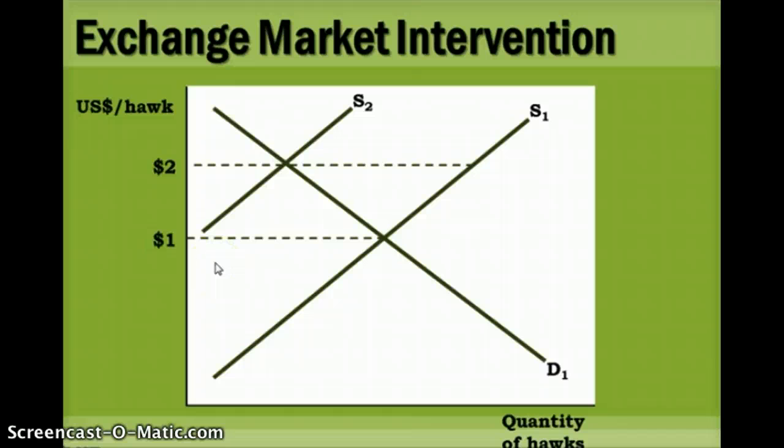The result of this appreciation of the hawk then should be that Maditopia, because its currency now is more powerful than it was before, it's appreciated, then Maditopia should become a net importer.